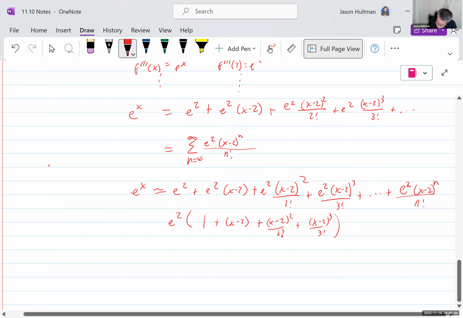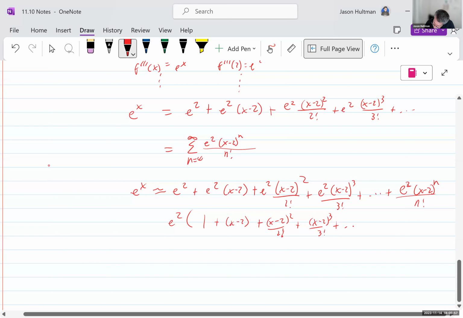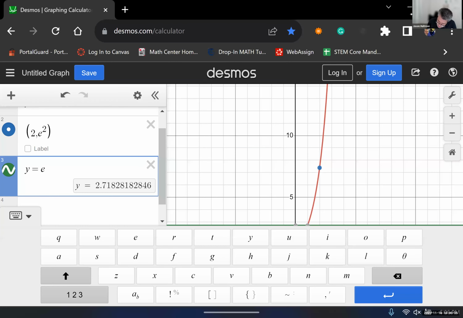Does that make sense? I could factor that out, because I don't want to have to rewrite the e squared over and over again if I don't have to. And this just keeps going on forever, as far as I want it to go. So this is x minus 2 to the nth over n factorial. Okay, so let's go back, and that's going to be e to the second power.